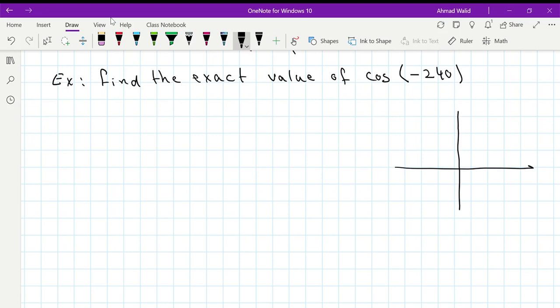To give you an idea, I'll draw the angle for you here. When I'm talking about negative 240, again, this is your initial side. Negative 240, you have to go clockwise, correct? To come here, it becomes 180. And if you go a little bit more, like somewhere here, this is negative 240 degree.